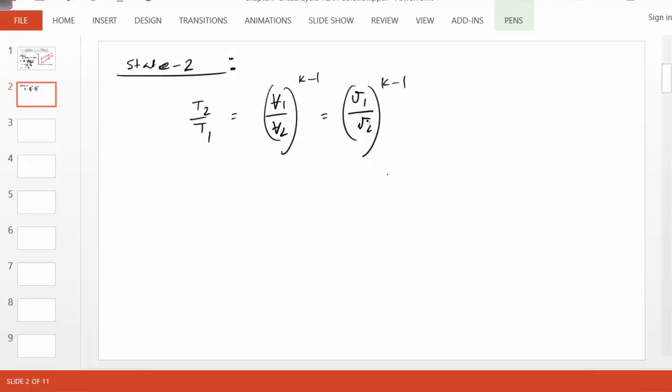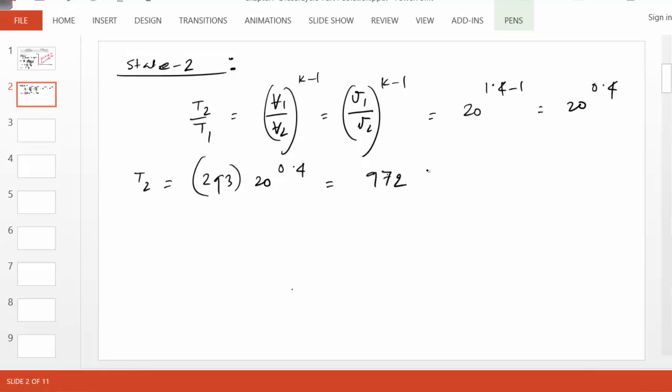And V1 over V2 is the volumetric compression ratio, which is 20, and K is 1.4. So therefore, T2 is T1, which is 293, times 20 to the 0.4, and that gives us 972 Kelvin.